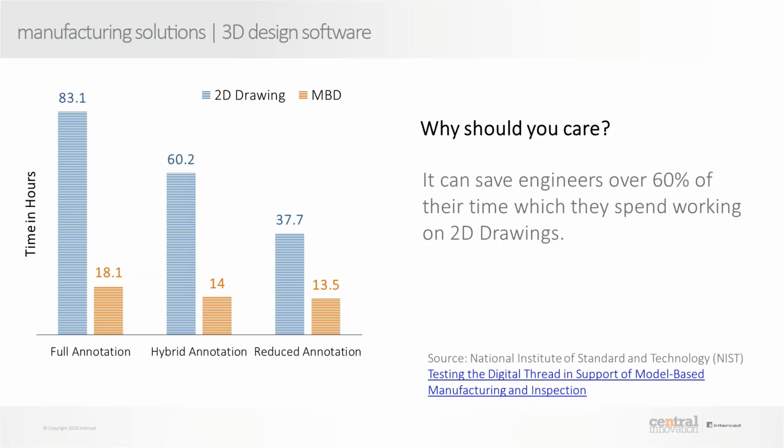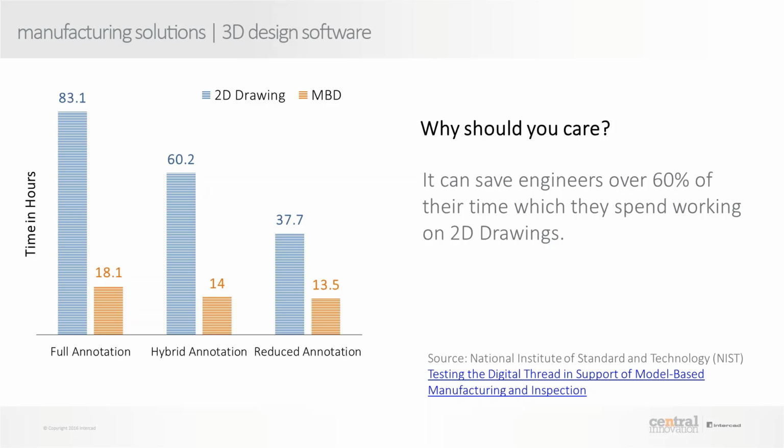But the 3D PDFs give me the interactive ability for my user to avoid any sort of ambiguity or misinterpretation from what he would probably get with a 2D drawing. In the 3D formats, they have actually done a test to prove this out. This was a test done by the National Institute of Standards and Technology in the US, and they tested out the conventional method of using 2D drawings by building a product from scratch, designing it, and then manufacturing it all the way.